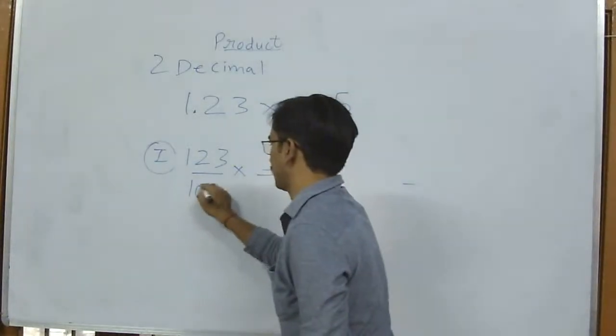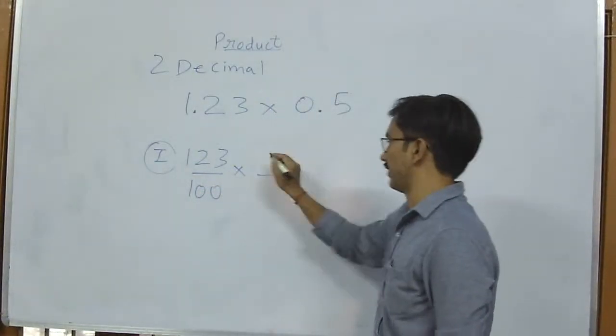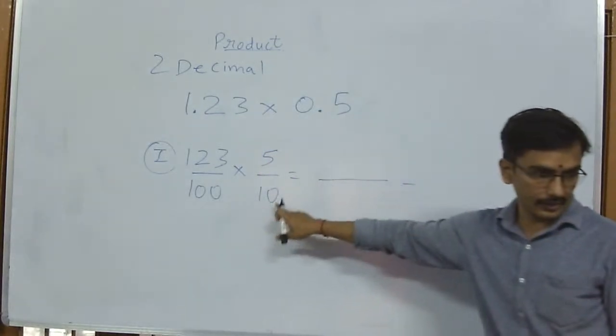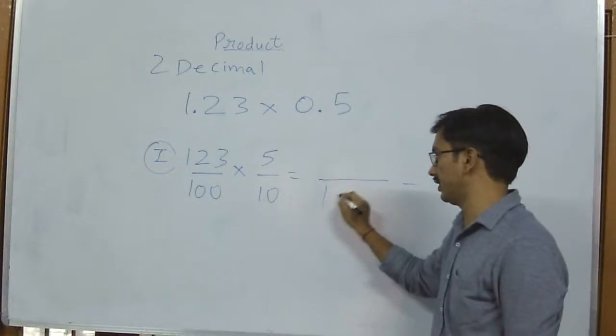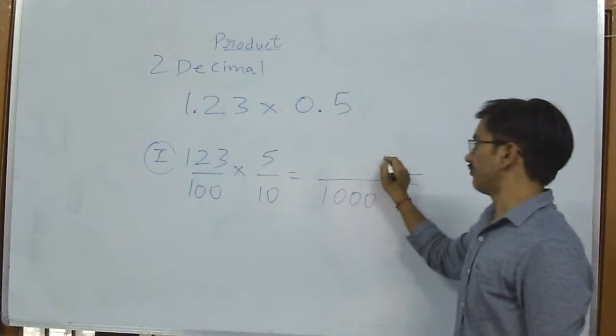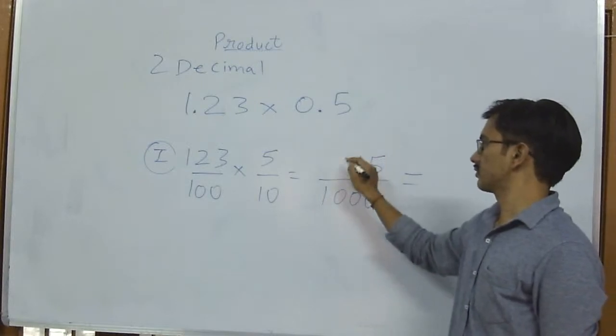Yes, 123 by 100. And here it is 5 by 10. Now 10 and 100, if we multiply 10 into 100, it is 1000.